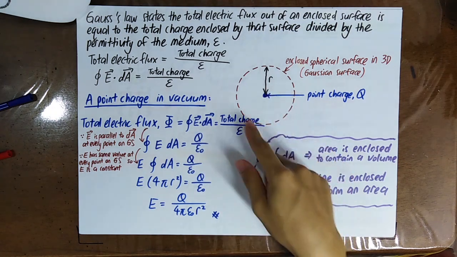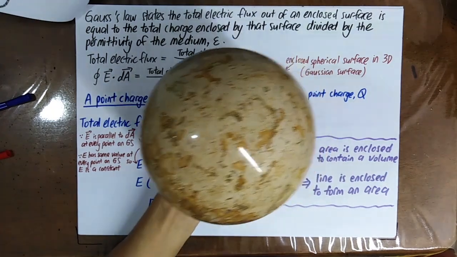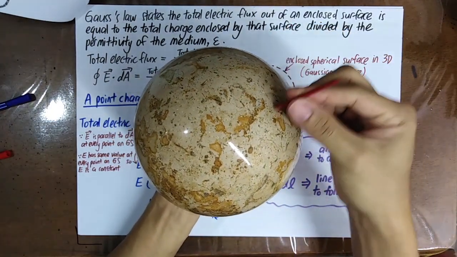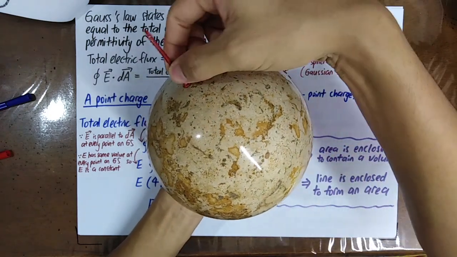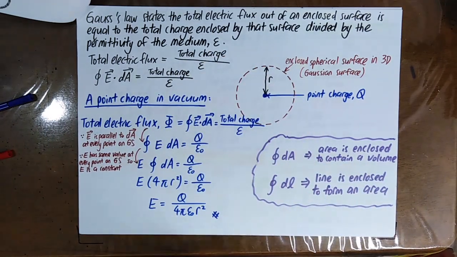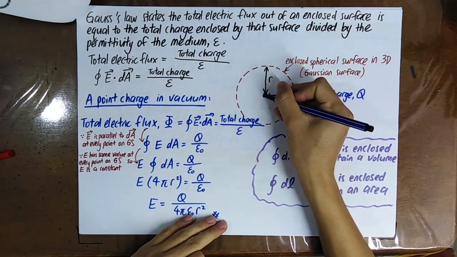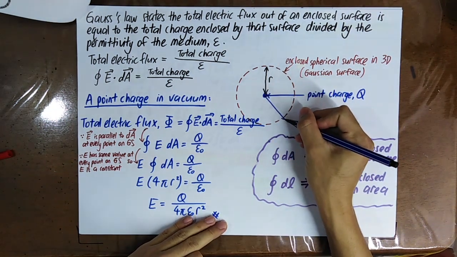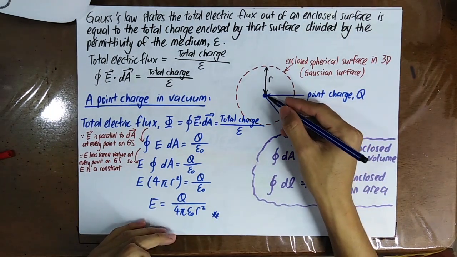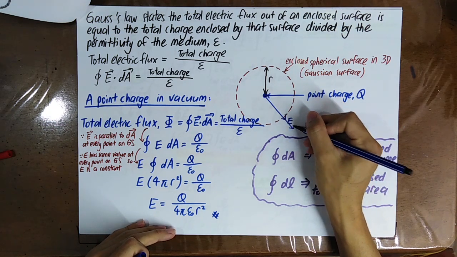For an enclosed spherical surface, for example this one, you know that the surface area vector is perpendicular at every point on the Gaussian surface. And then you also know that for a point charge here, the electric field will point out of the source. So you know that when the electric field is in this direction, dA is also in this direction.